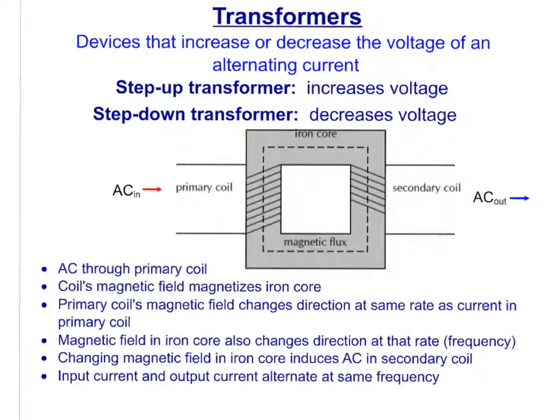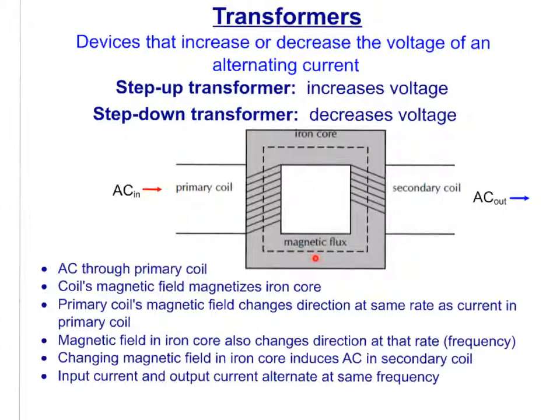So we can have either step-up transformers or step-down transformers. A step-up transformer would take the alternating current that's coming in and increase the voltage of that current, so that the alternating current going out of the step-up transformer would be greater voltage than what was coming in.